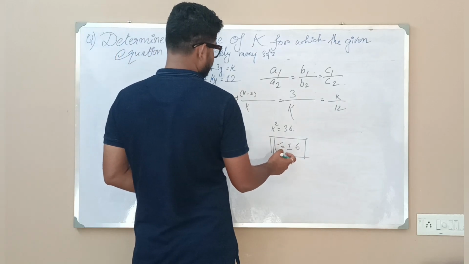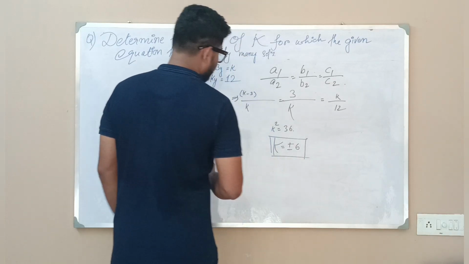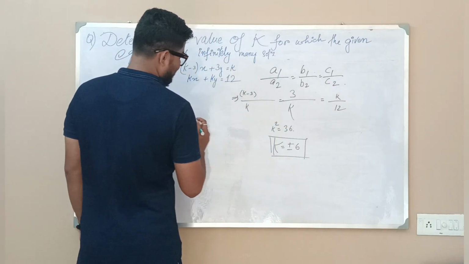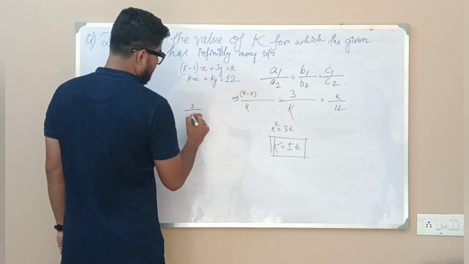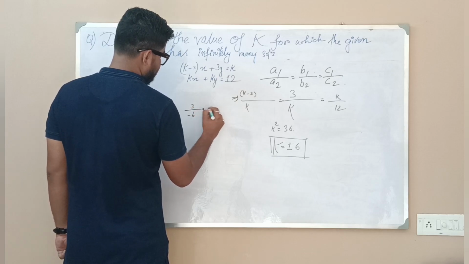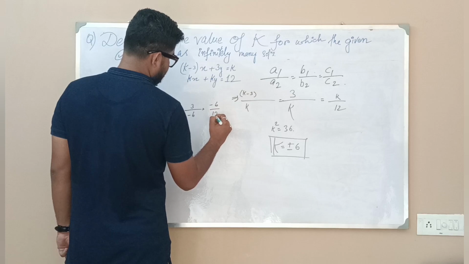Because negative 6, if written over there, will not satisfy the equations, like 3 by negative 6 equals negative 6 by 12.